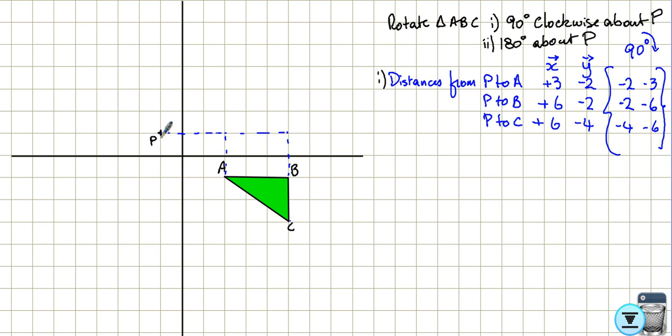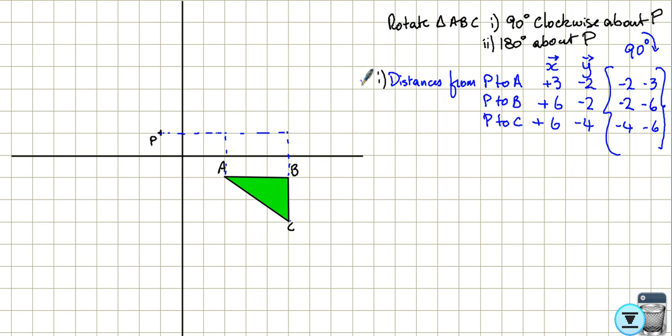So I'm going to start from P, plus 2, and minus 3, 1, 2, 3, that is A, excuse me, minus 2, there's a mistake there. Okay, let me start again.